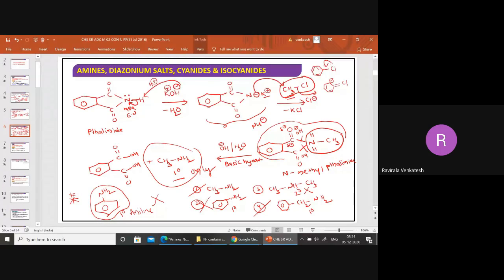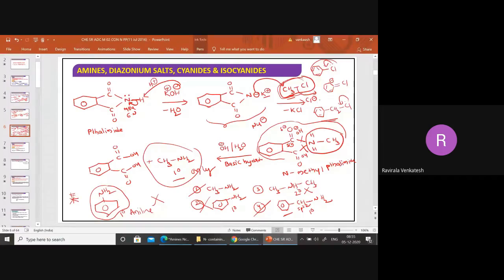But you may get a question like, well, the benzene is there? Even though benzene is there, you observe here, nitrogen is bonded to an sp3 carbon, in which this type of resonance is not possible. If I take CH2Cl here, try this compound with the same mechanism. There is no resonance here.